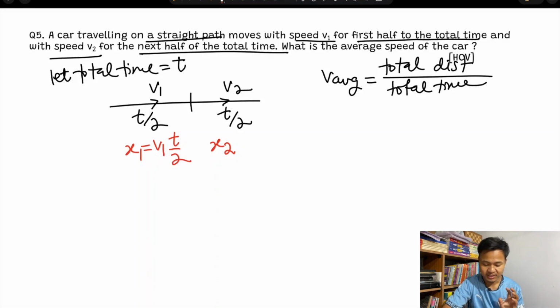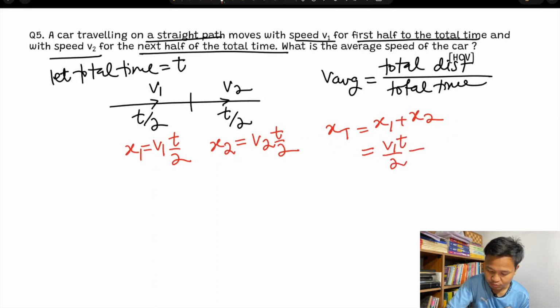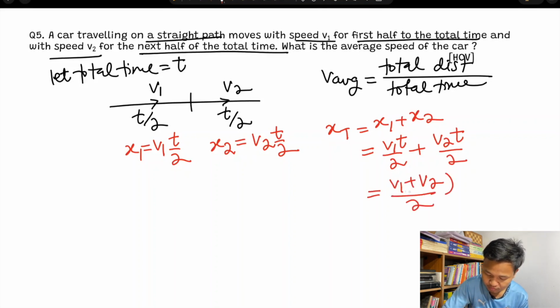Okay, then x2 is speed into time. Then what is the total distance? X total is x1 plus x2. Okay, so which is v1 into t by 2 plus v2 into t by 2. So this is nothing but v1 plus v2 divided by 2 into t.